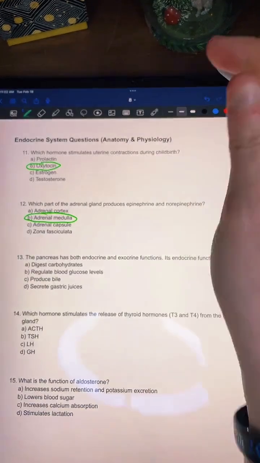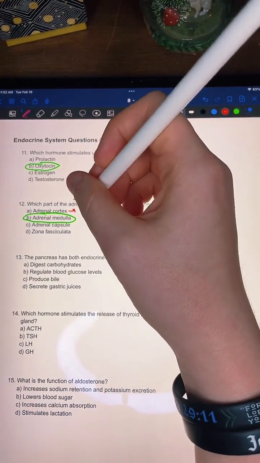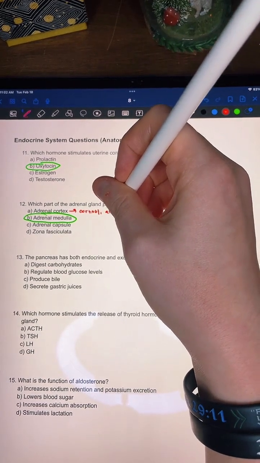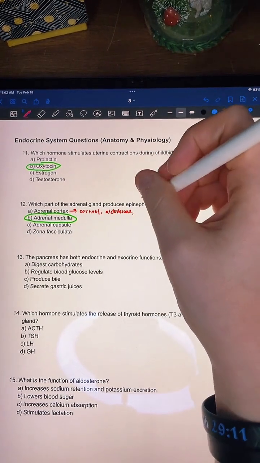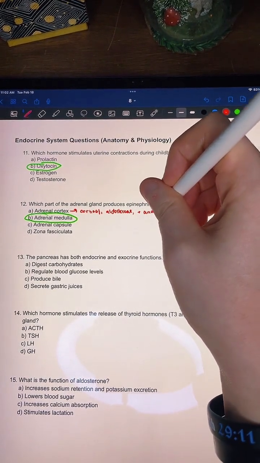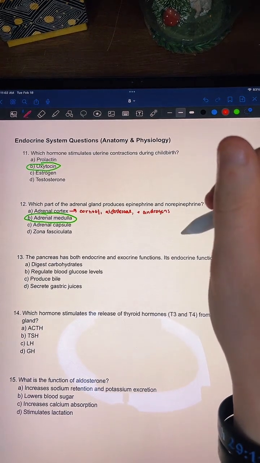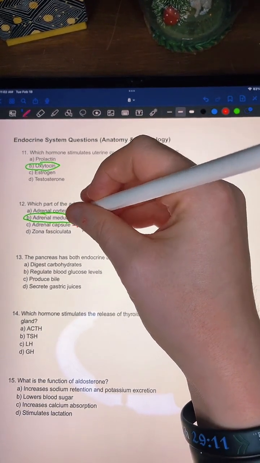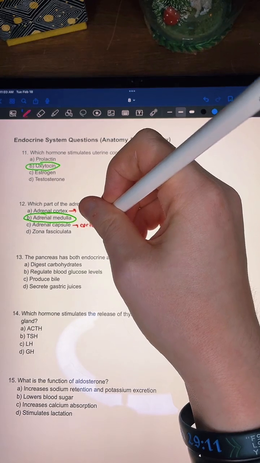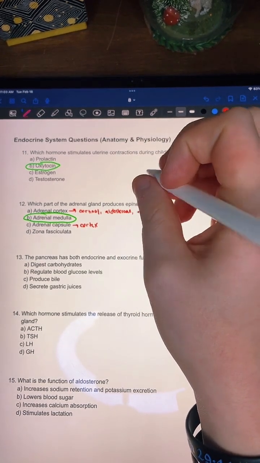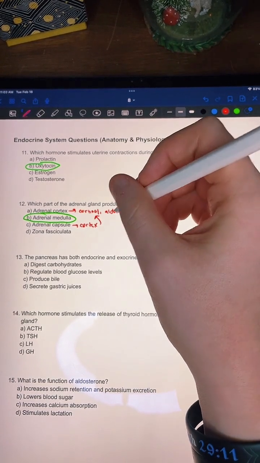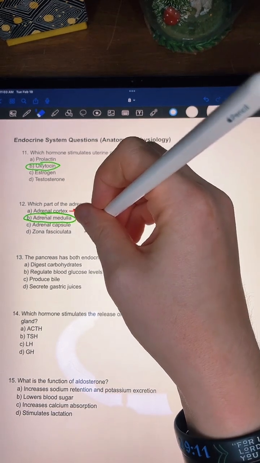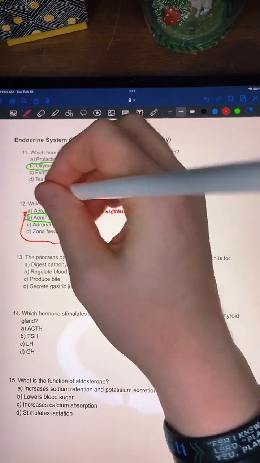Yeah, so the adrenal cortex produces cortisol, aldosterone, and androgens, but not epinephrine or norepinephrine. The adrenal capsule, it's part of the adrenal cortex, so you know that it would, and that's specifically what's for cortisol. Oh, sorry, no, that's my bad. That's the zona part.